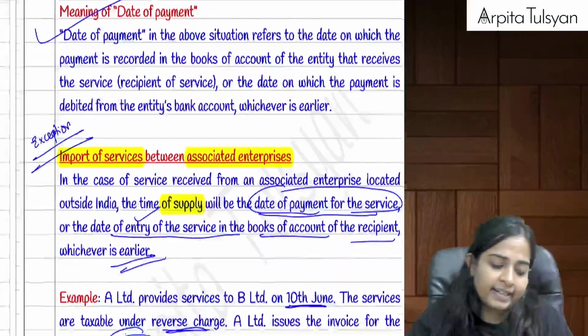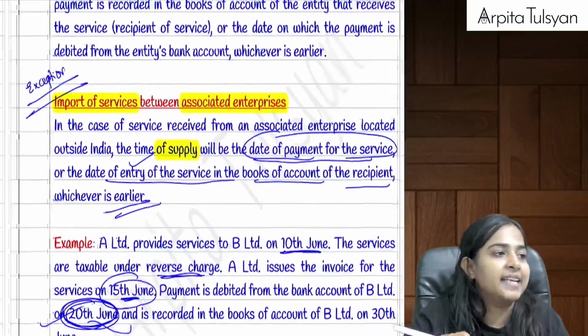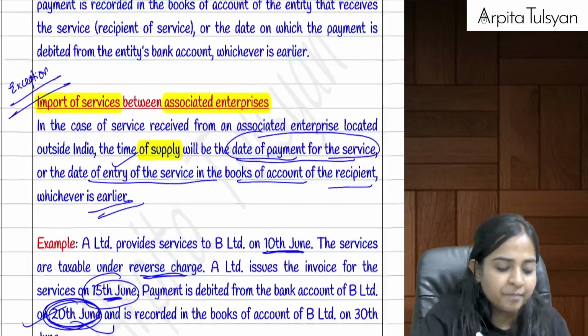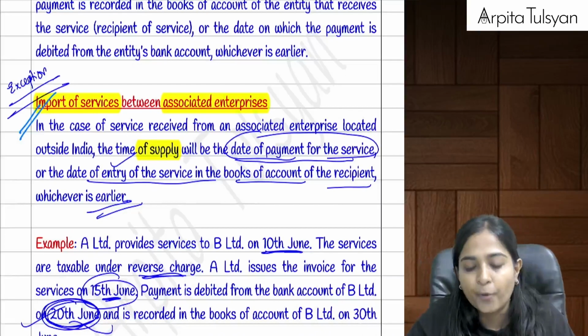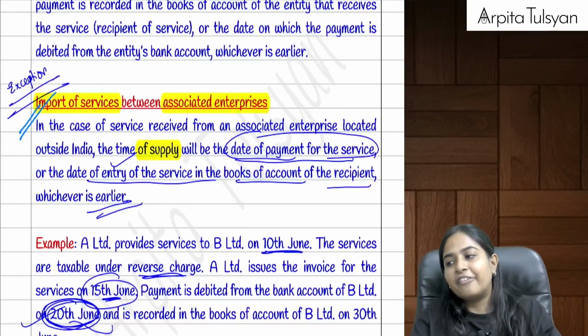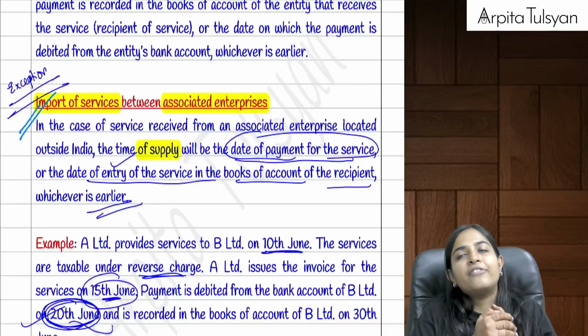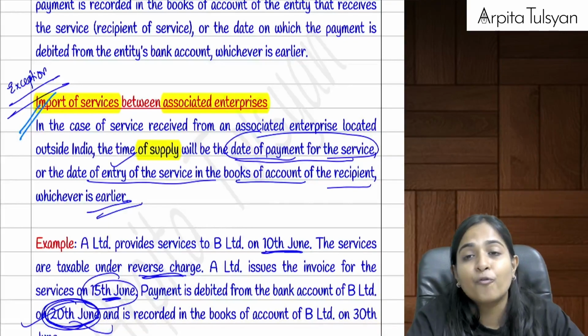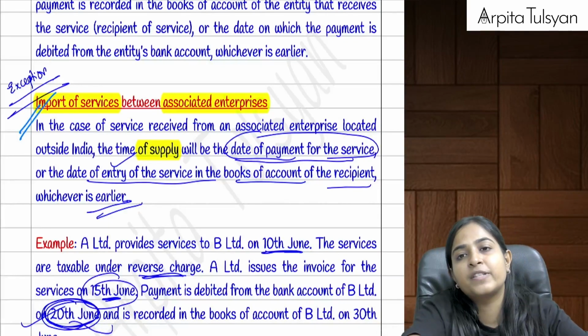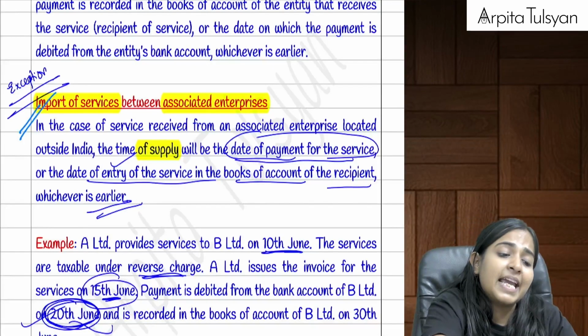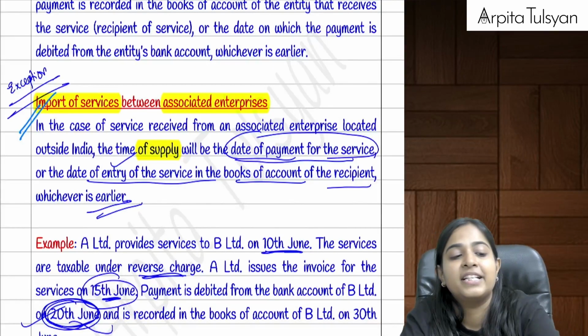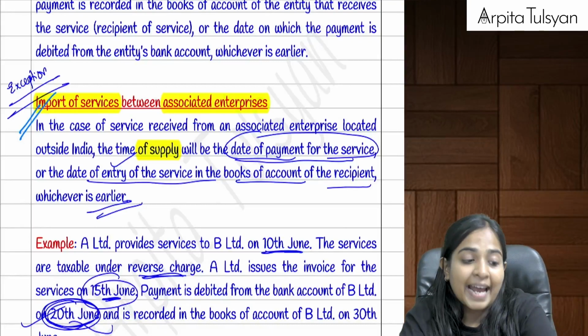Yes. Okay. Then next point is very, very important. That is an exception point. Now, let's say we have received any service from our associated enterprise, definition same as given in your transfer pricing chapter in direct taxes.